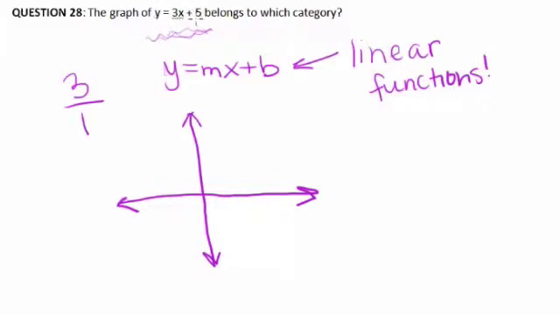And the y-intercept, the b here, is 5, so we know it's going to be crossing the y-axis at 5. Let's call this 5 right here because we have a long way to go. So 1, 2, 3, 4, 5, 6, 7, 8, and we'll draw a couple here above 5.